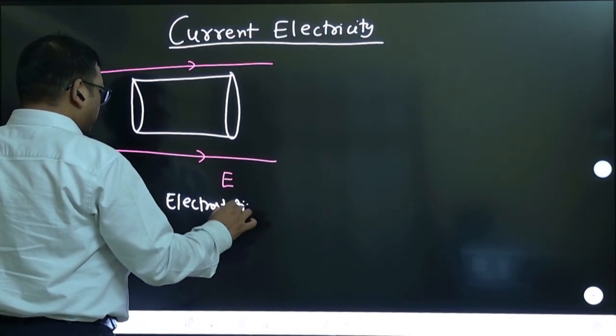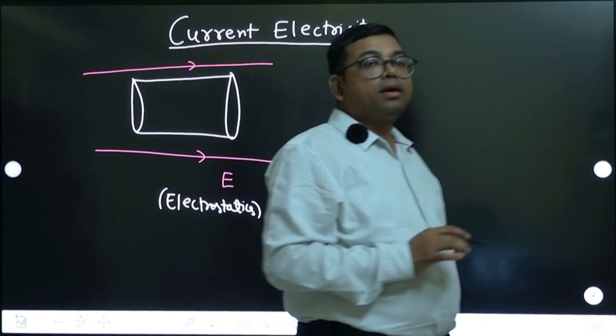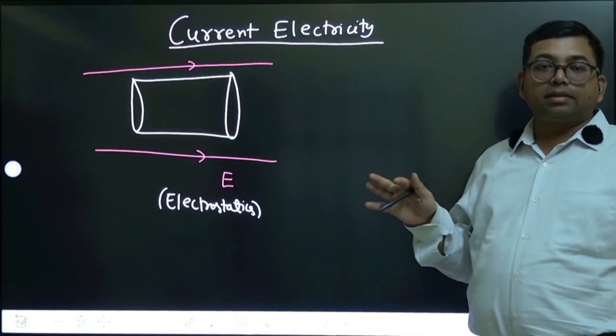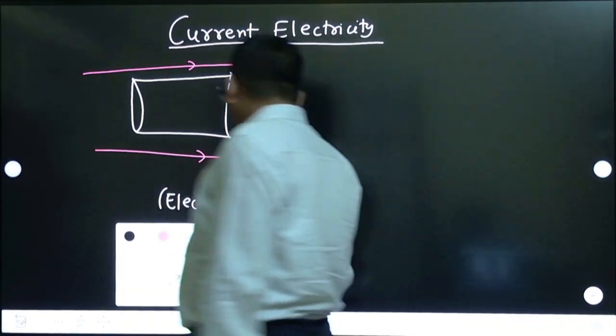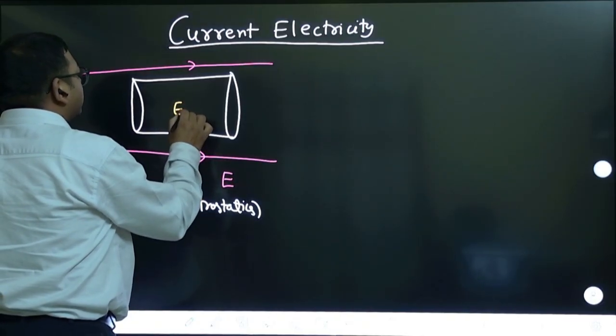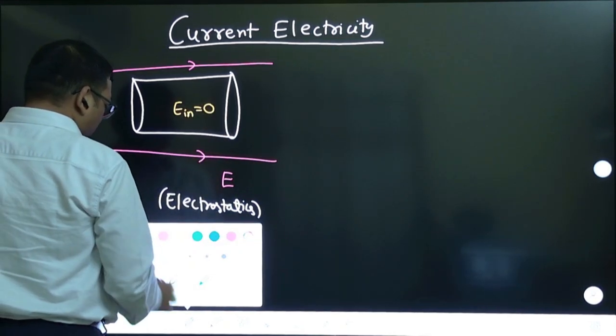Electrostatics means when you are applying an electric field and there is a conductor, there won't be any current in this. And also you know that there is no electric field inside the conductor, inside field is zero.